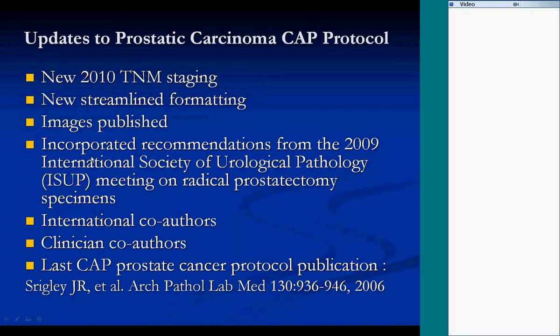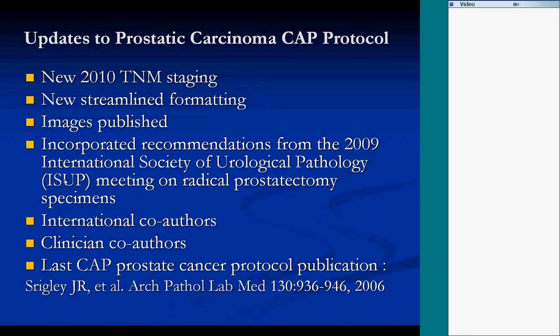We've also attempted to incorporate the recommendations from the 2009 ISUP. We'll be referring to that abbreviation throughout the session, which stands for the International Society of Urological Pathology. This was a meeting in Boston at the International Academy of Pathology just this past year, in March 2009, and it was a meeting that focused on radical prostatectomy specimens.